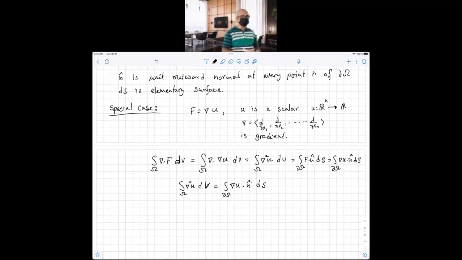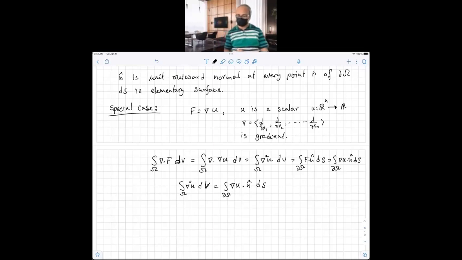So that tells me about the Laplacian of a scalar function. I did not say what the function u is. I started with any scalar function; you can take the gradient, make a vector field, and apply the divergence theorem. So if you take the second derivative of a scalar function to make the Laplacian and integrate it, it comes through the boundary.